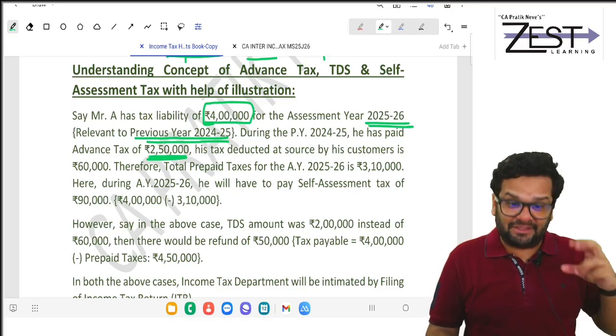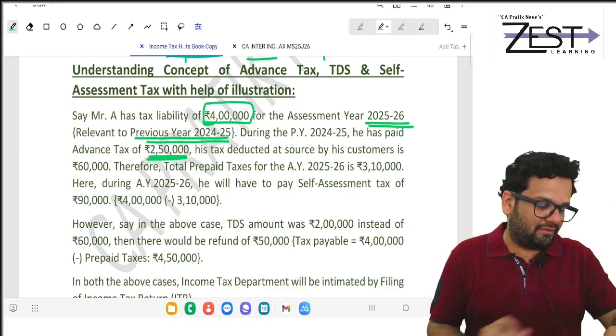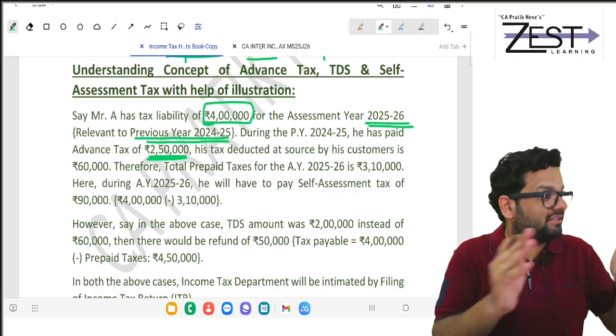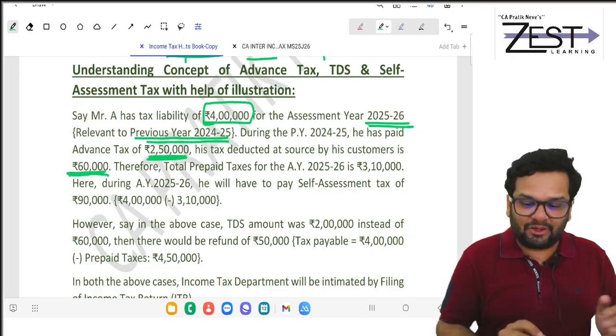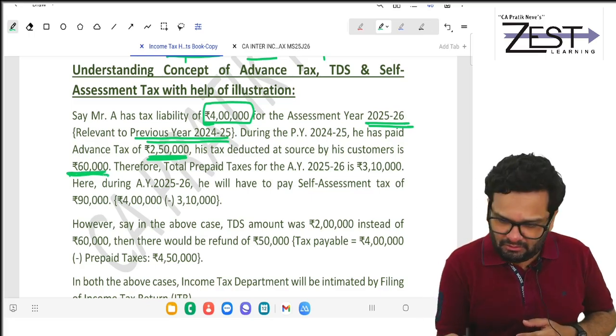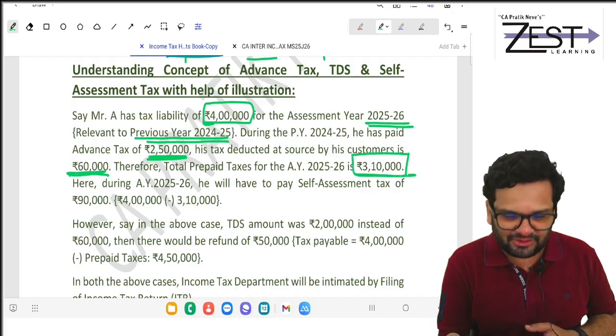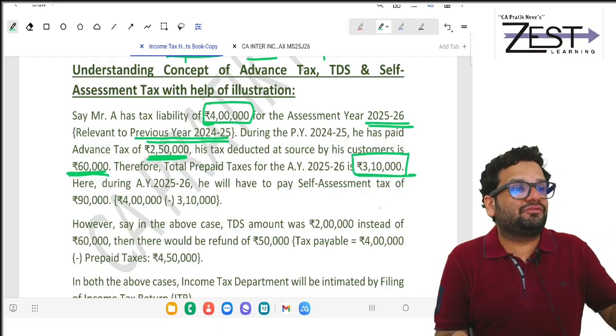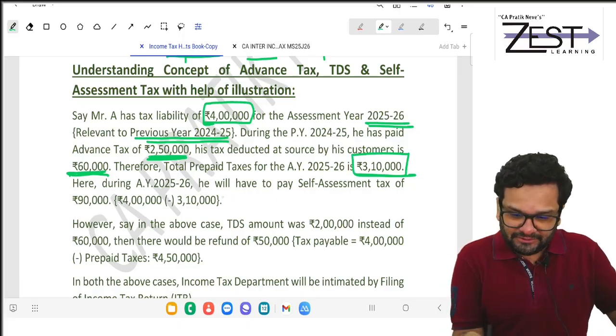So on an estimated basis, he paid 2.5 lakhs. Various customers did TDS of 60,000. So his total prepaid tax is 3,10,000.